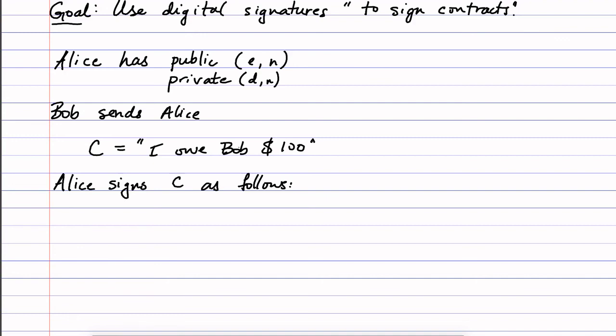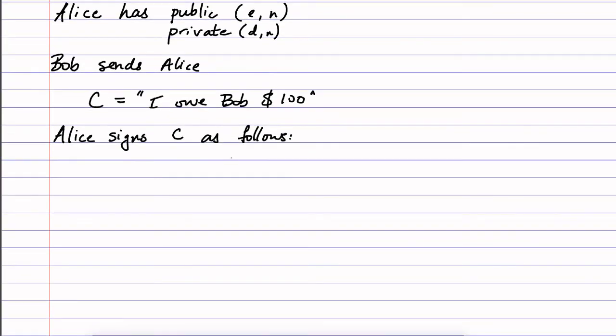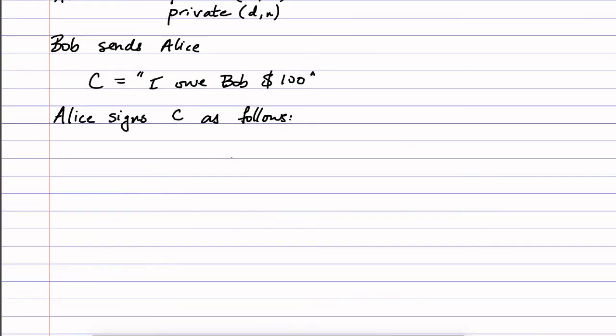So first thing she wants to do is convert this contract, this message, into some sort of number that she can then exponentiate using her private key. So first, convert C into a number. Now you need some sort of scheme for doing this.